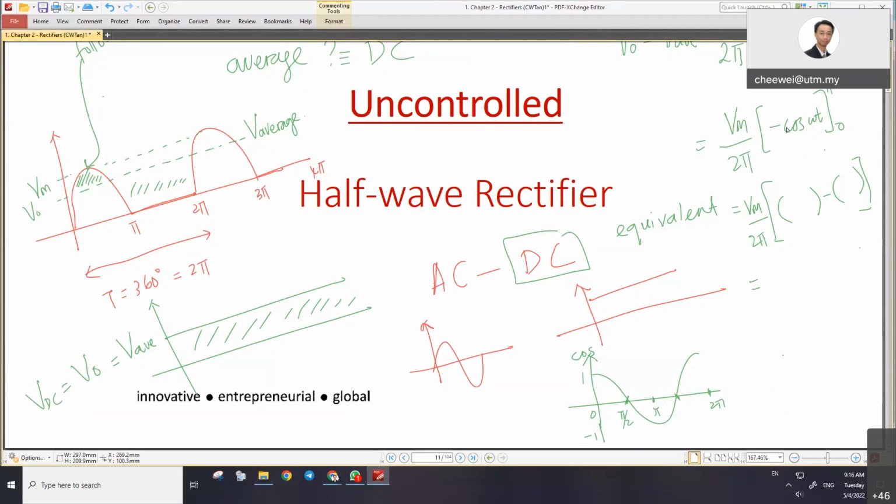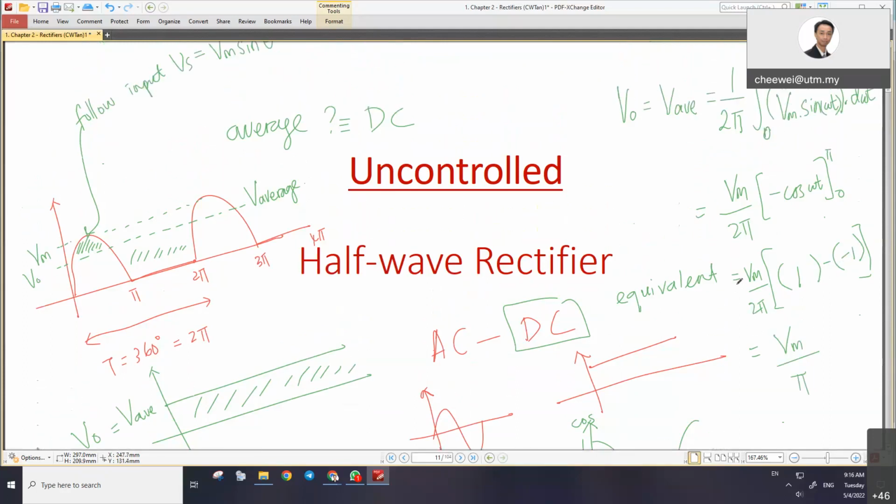So negative cos pi will be 1. And this second bracket is cos 0. Cos 0 is 1. Negative and negative become positive. So inside here is 1 plus 1, you get how much? 2, right? Inside here is 2. 2 divided by 2 at the bottom, they cancel. Now, the V out that I get here is Vm over pi.